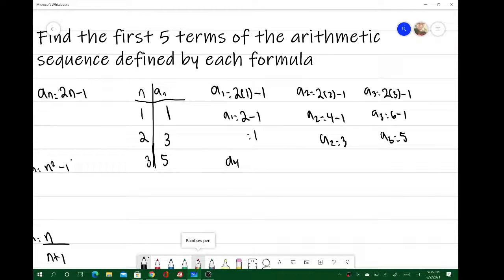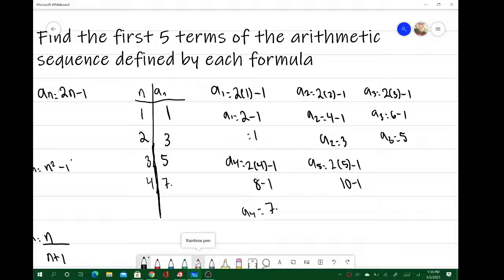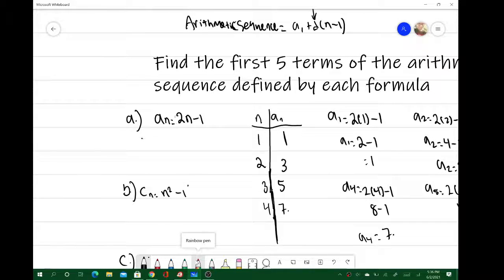A sub 4 is 2 times 4 minus 1, which is 8 minus 1, which is 7. And then the 5th one would be a sub 5, which is 2 times 5 minus 1, which is 10 minus 1, which is just 9. So a sub 5 is 9.